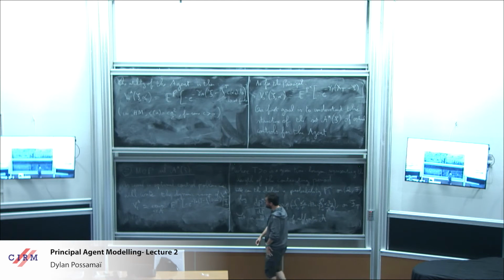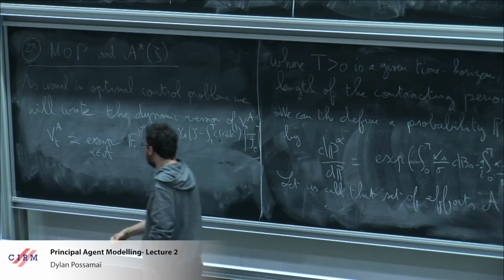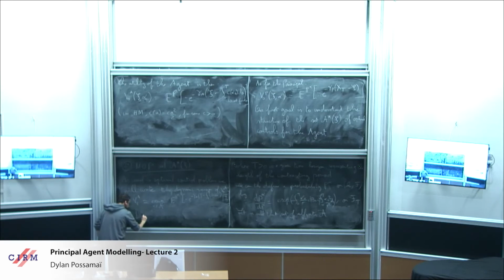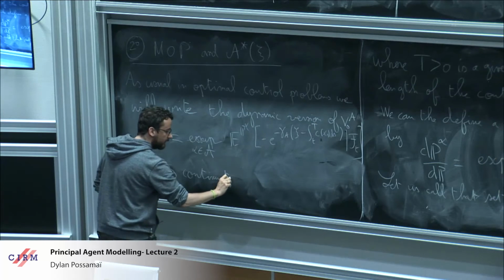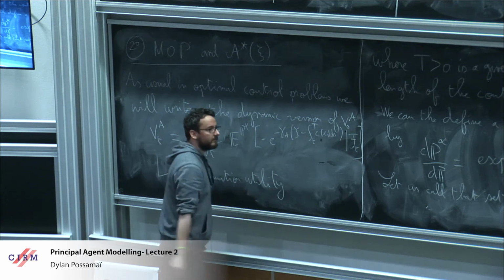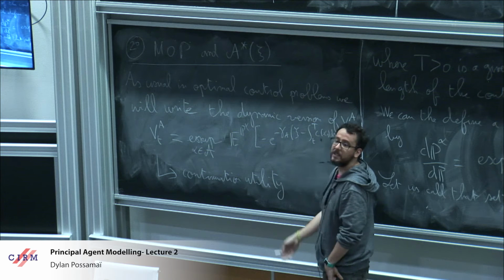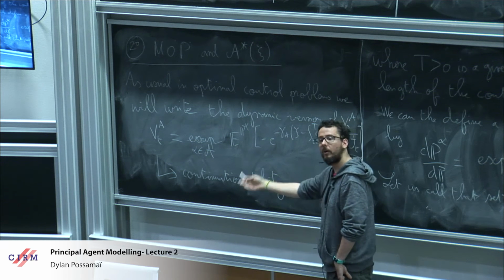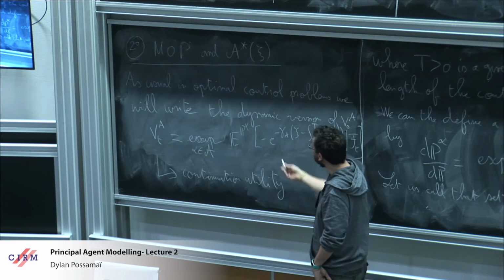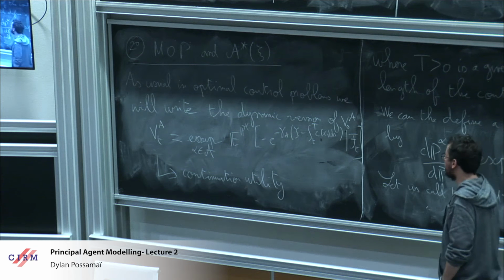Okay, so that's just the time t value of the agent's control problem. And in the economics literature, this is usually called the continuation utility of the agent. And the interpretation is just that you're sitting at some time t. This is how much utility the agent can accumulate all the way to time capital T by behaving optimally. So this is the utility that it gets by continuing working.